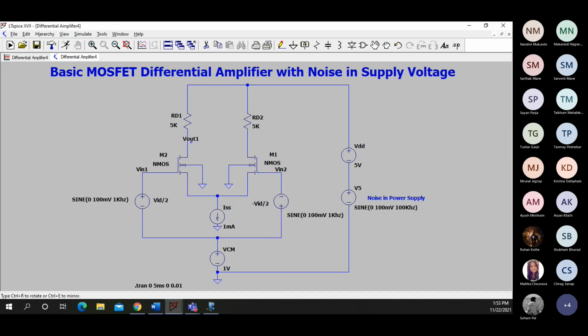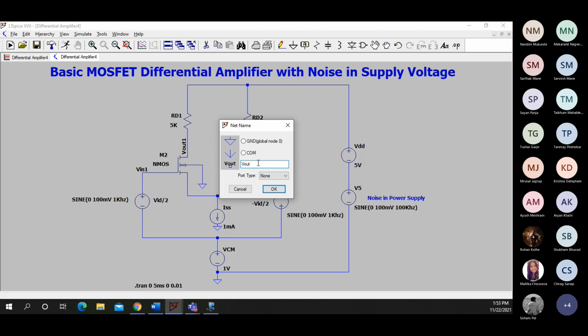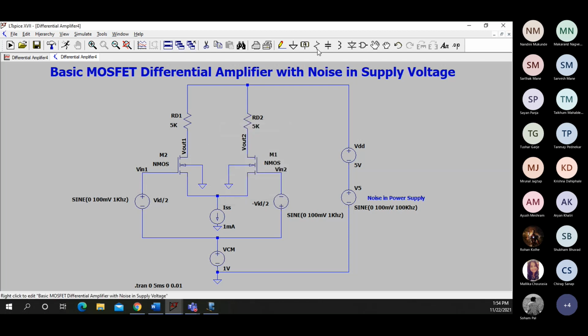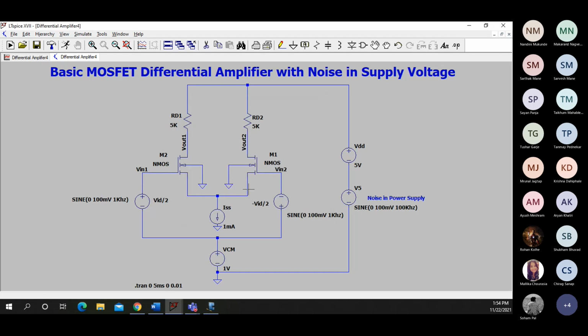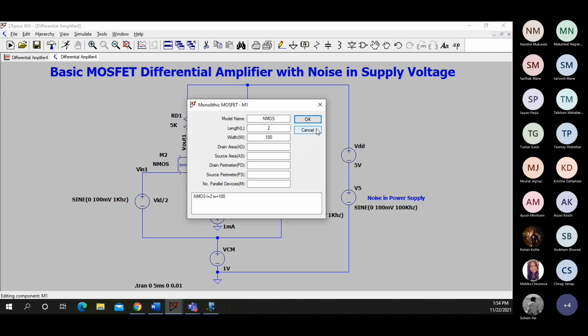V out 1 and this is V out 2. We are only naming this so that it's slightly easier for us to trace later on. So please construct this circuit. Again, take care that length and width are proper. Length should be 2, width should be 100.